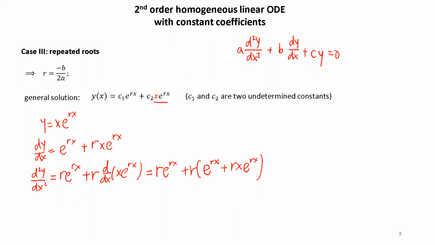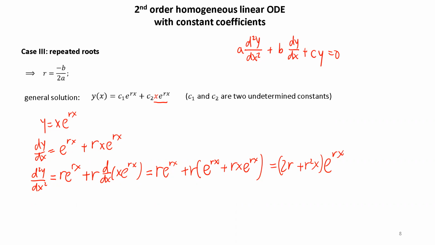And now this is also given by 2R plus R squared x, times e to the Rx.